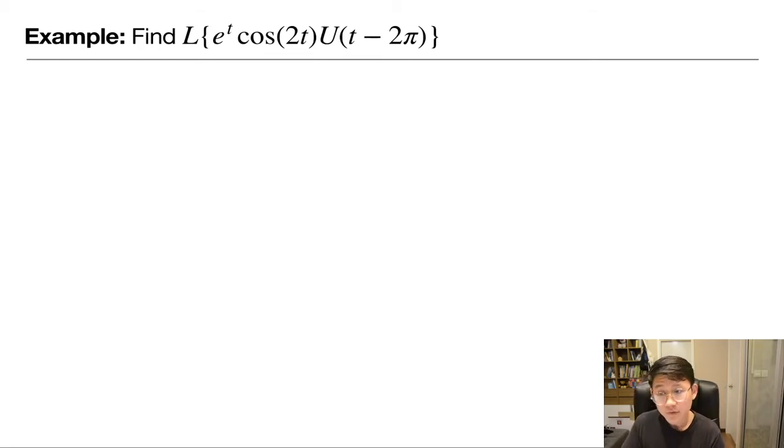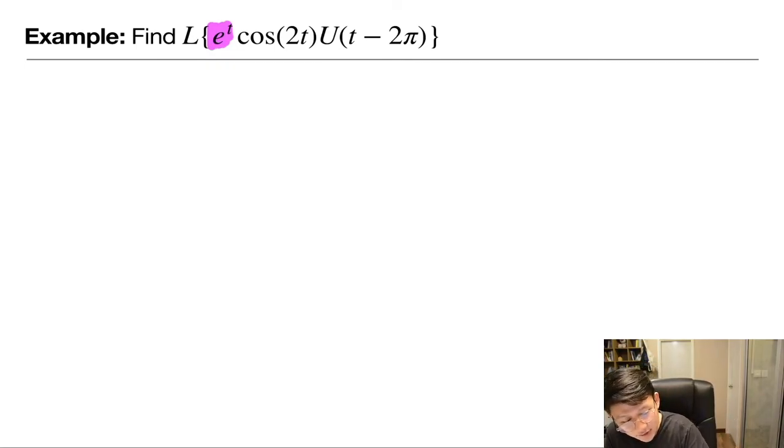Okay, so guys, to do the Laplace transform of this function, first, don't use the third technique. We apply the first technique first, because here we have e to the t, which means that is e to the 1t.